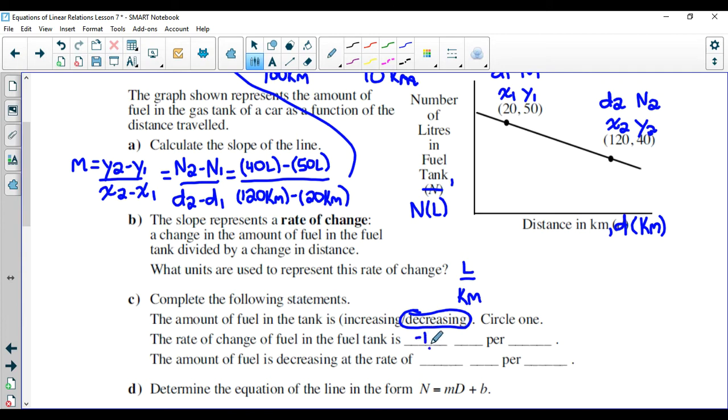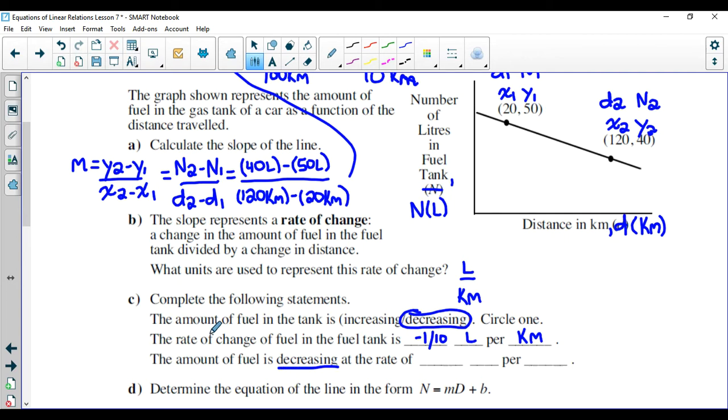So that's negative 1 over 10 liters per kilometer. What that means is for every 10 kilometers that is driven, you're going to consume 1 liter of fuel. Okay, and the negative means you're going to lose that fuel.